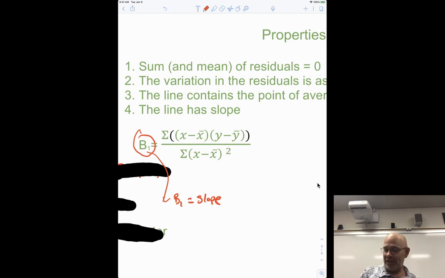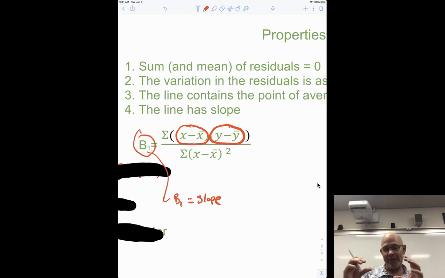So the formula is you take, and I'm going to walk you through this on the calculator in the next video, but just the idea is you take every x value and you subtract the mean. You do this for every x value. The corresponding y value that goes along with it, you subtract its mean.